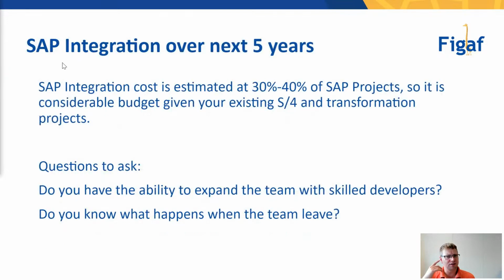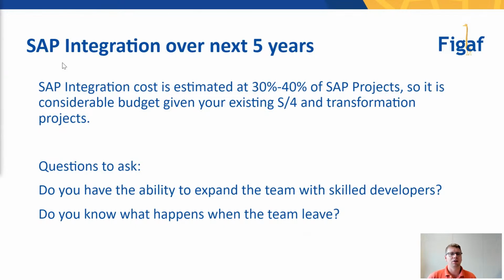So what I see for integration over the next couple of years is a large number of SAP integration projects. And one of the things that we see is, I think it was Gartner that estimated that 30 to 40% of your project cost came from integrations.